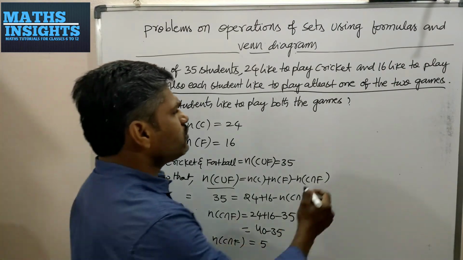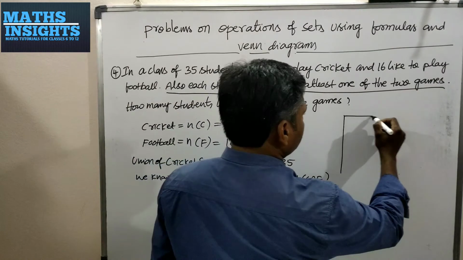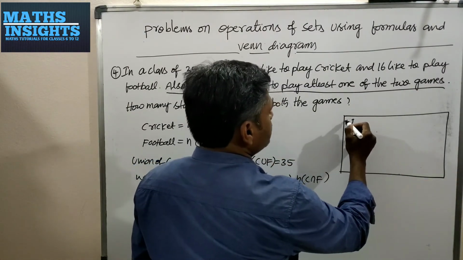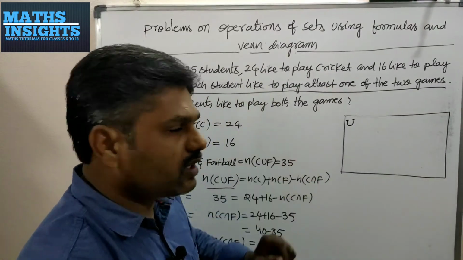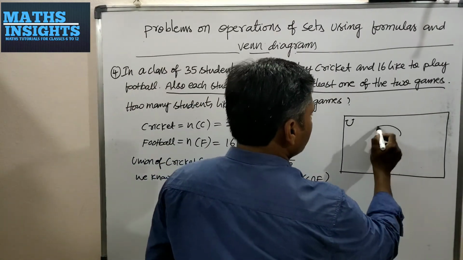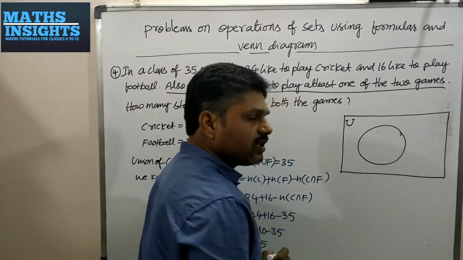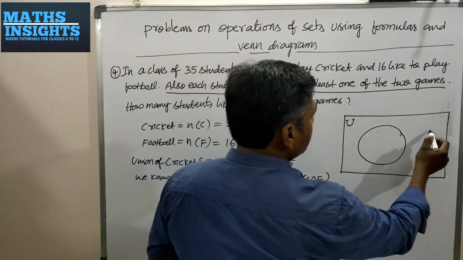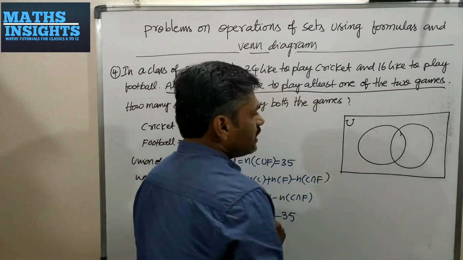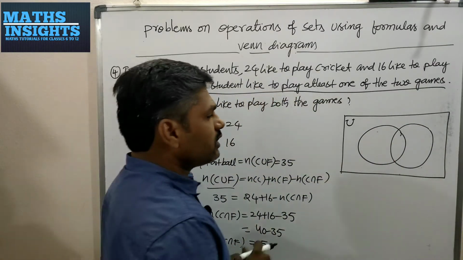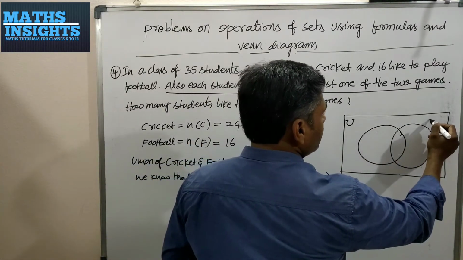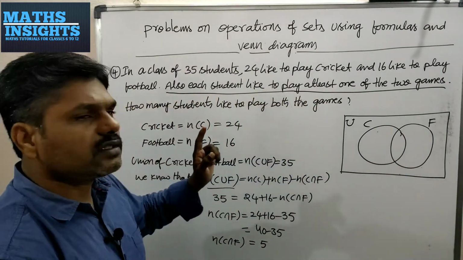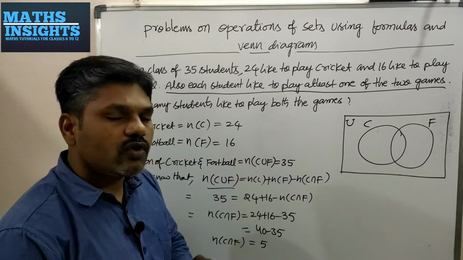And also by using a Venn diagram, you may find that answer. You note, the universal set you have to write definitely, otherwise it will become wrong. This circle shows the players who are playing cricket, and this circle shows the players playing football. This is F and this is C, and they are asking the number of students playing both games.